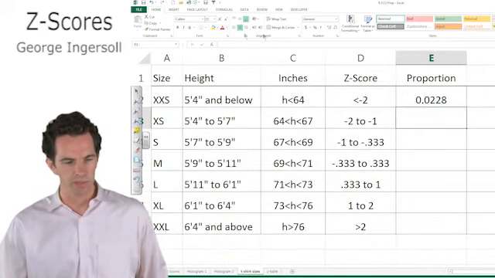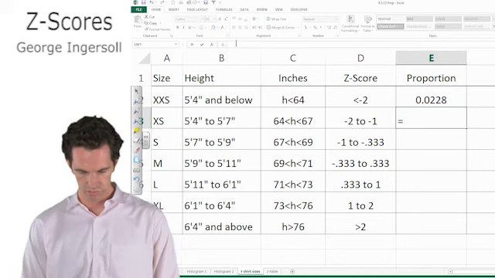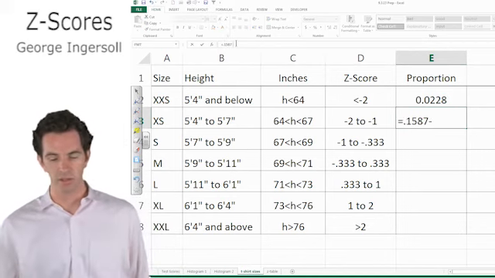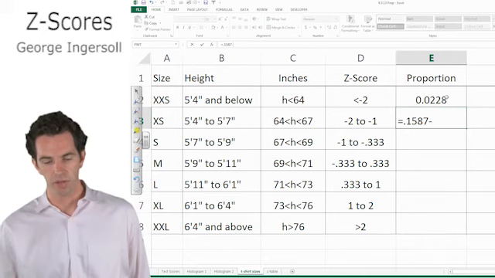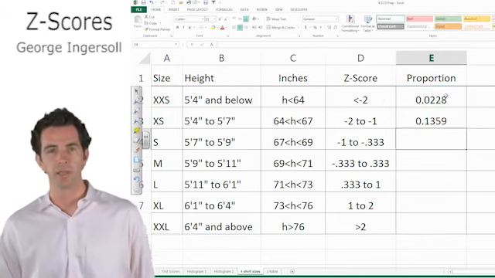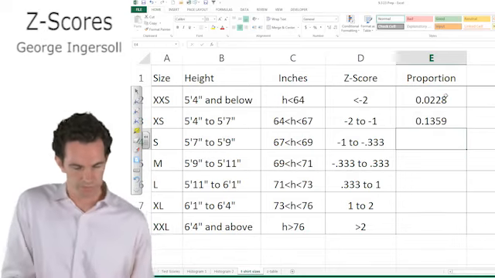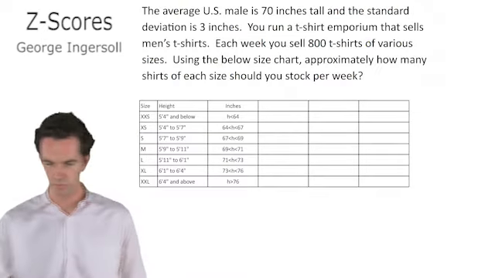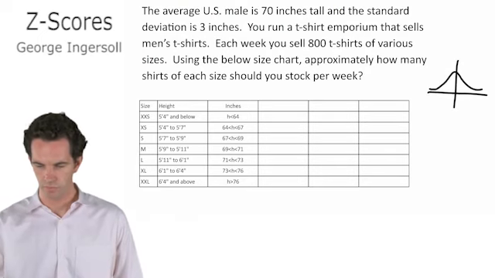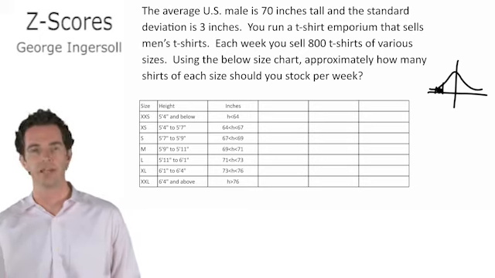So this is going to be equal to 0.1587 minus 0.0228, because we're going just from here to here, and this is the part that we're interested in on an extra small.